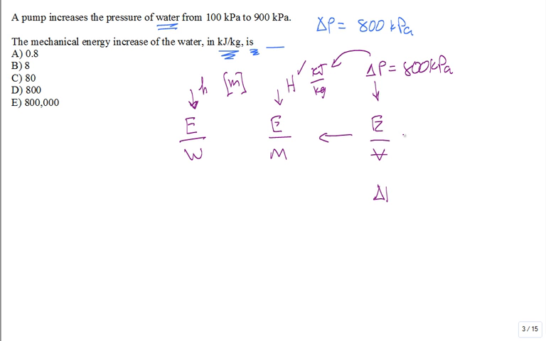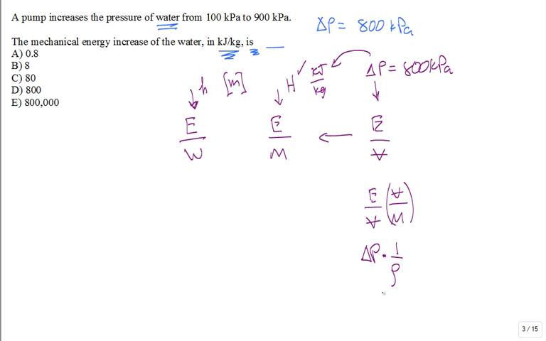So if you do it this way, energy per unit volume, and you multiply by mass per unit volume, so you would have the change in the pressure times the density.